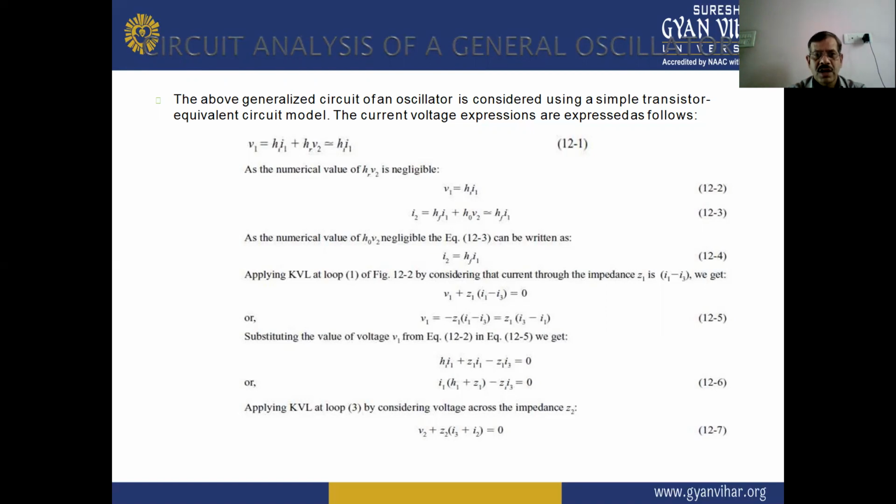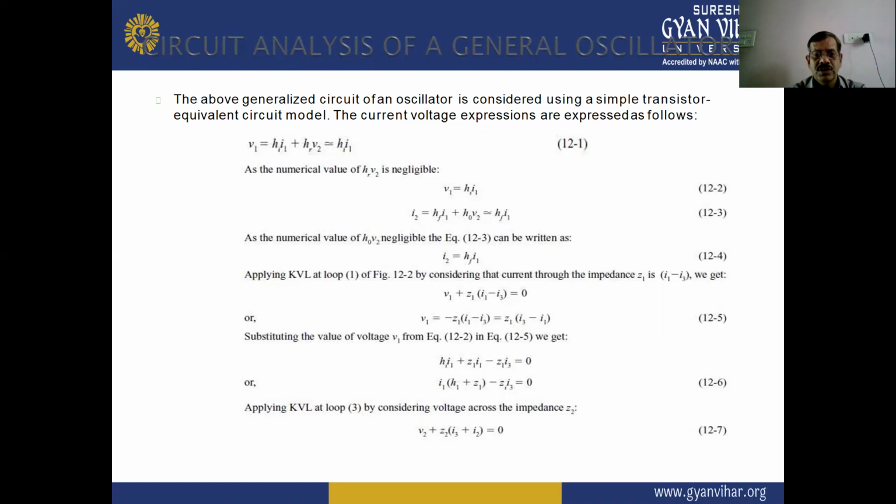Substituting the value of voltage V1 from these equations, we get hi I1 plus Z1 I1 minus Z1 I3 equal to 0, and I1 (hi plus Z1) equals Z1 I3. Now apply KVL at loop 3 in this circuit diagram.